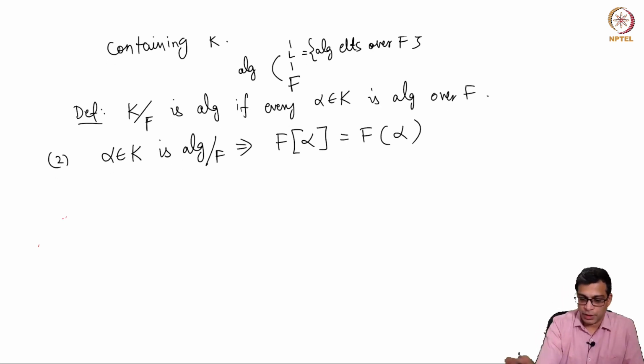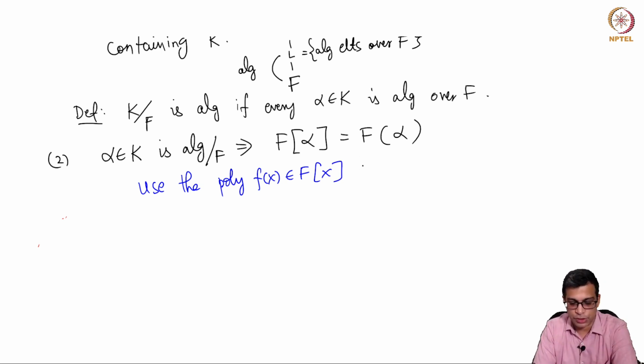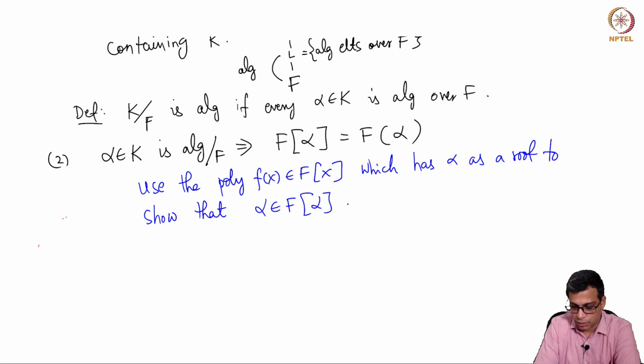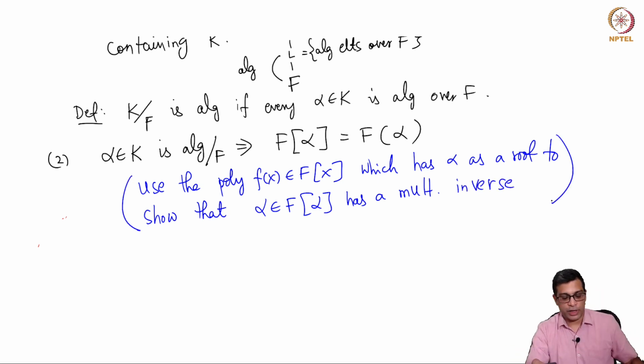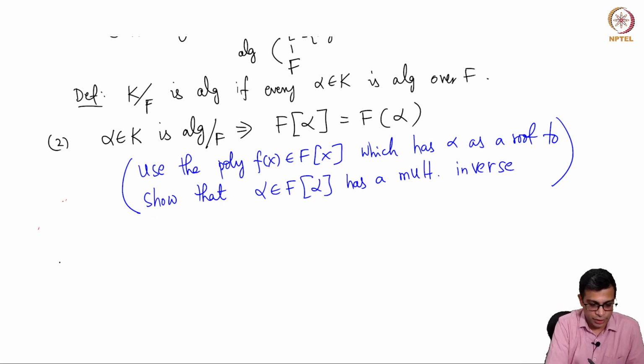I am not going to prove this fact, but I will simply say that use the polynomial f(x) which has alpha as a root to show that alpha in F[alpha] has a multiplicative inverse. Has a multiplicative inverse, that means it's a unit. Okay, so F[alpha] already happens to be a field, so that is what we take.